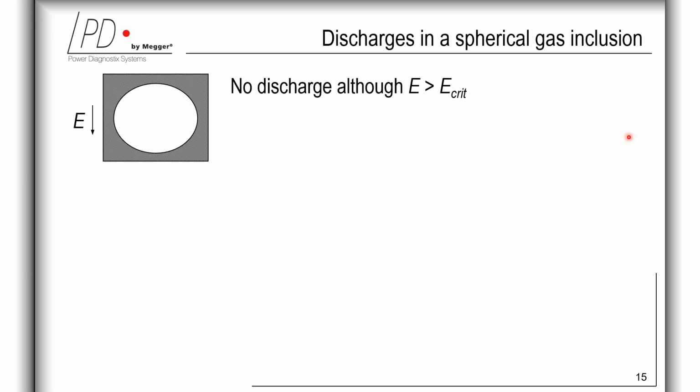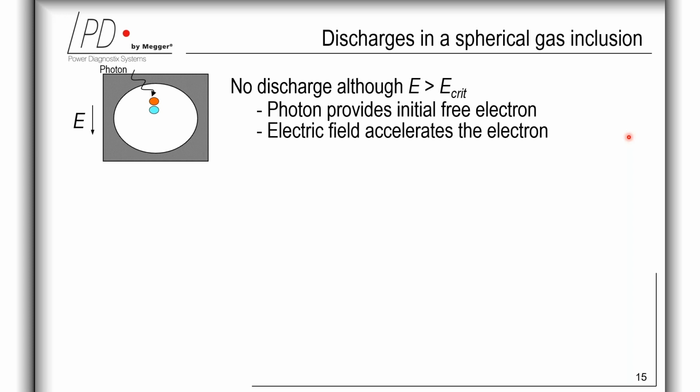So now moving into discharges in spherical gas inclusions, the figure basically shows the initial sequence in such a spherical void in a polymeric material. Firstly, there is the statistical delay time lag until the first energetic photon hits this cavity and then provides the first ionization.